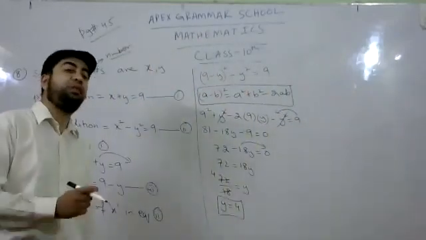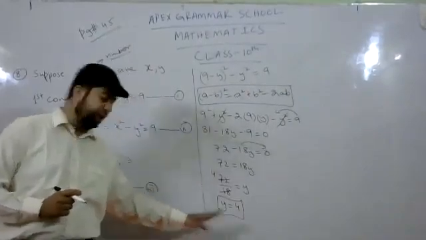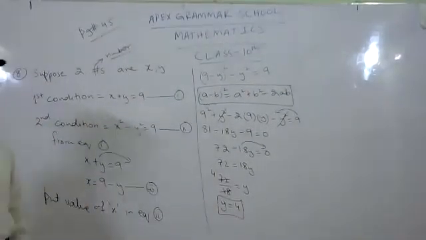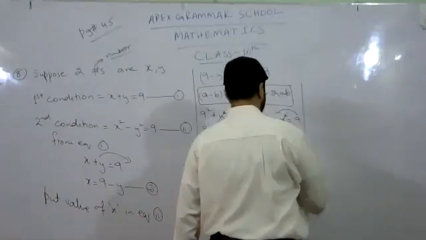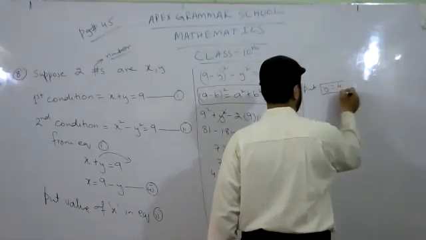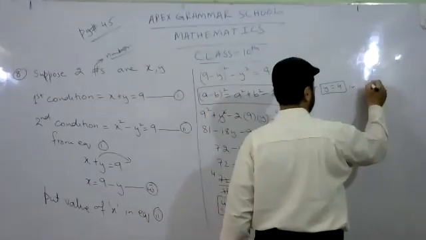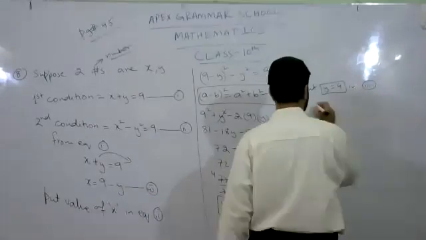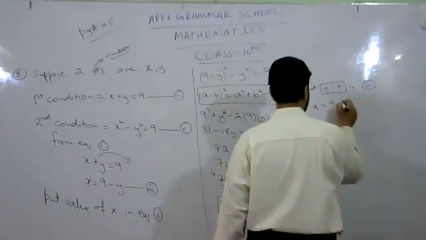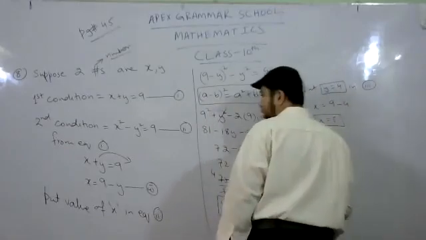Now we need to find the value of x. So we can easily put this value of y inside this equation. Put y is equal to 4 in equation number 3, that is x is equal to 9 minus 4. So x is equal to 5.